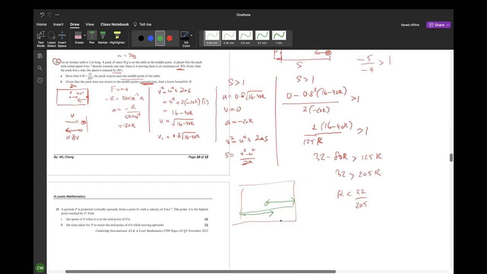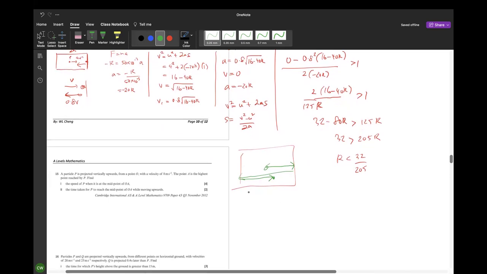Doesn't return for the second time. It means after returning here, you need to measure for the second time, you cannot pass here. So the second time can cross the first time, but not the second time.